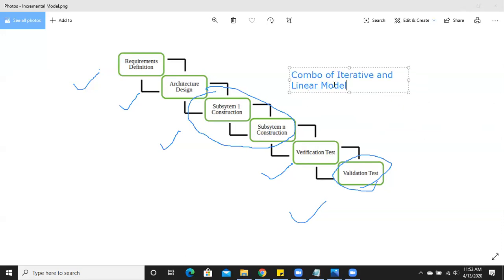How is it a combination? Consider that case where first I will do the requirement analysis, then I will move to the second step.